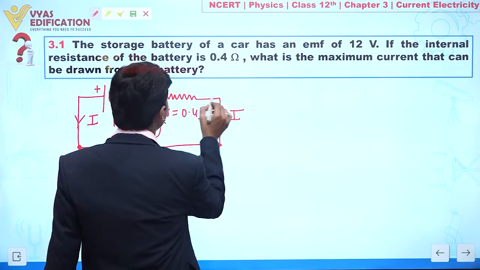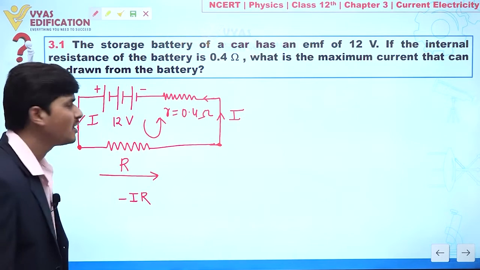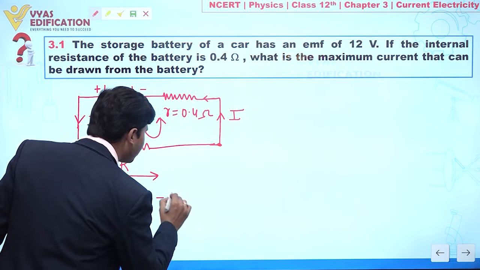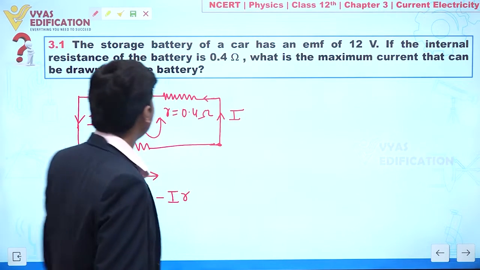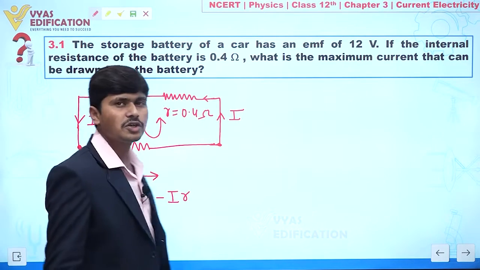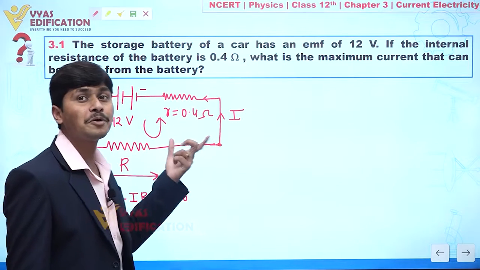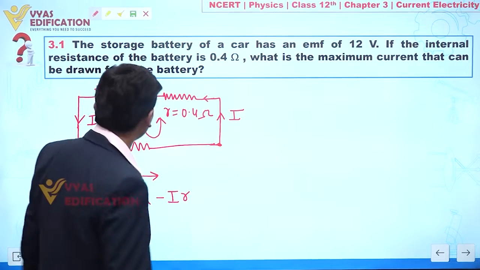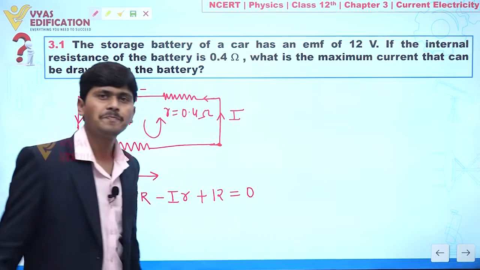Now for the internal resistance, again I am going in the direction of current, so again we have a potential drop, given by minus Ir. And now we are going from the negative plate to the positive plate of this battery, so we have a potential gain. The potential gain is plus 12, and the sum is equal to 0.